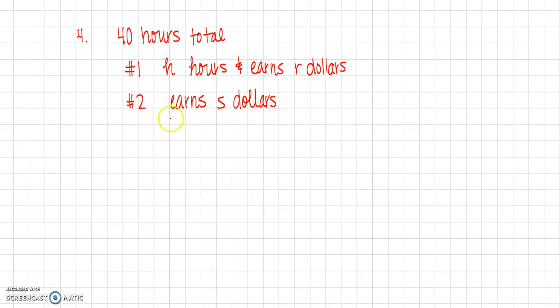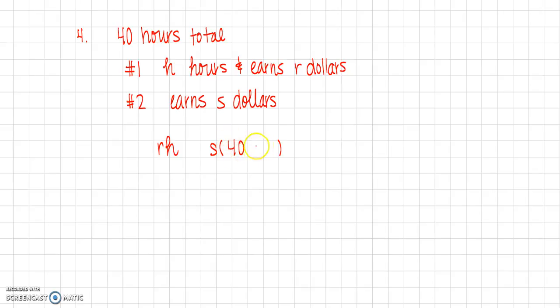So for job number 1, it is R times H. Job number 2, we don't know how many hours, but we do know how much she gets paid per hour, and that is S. We don't know specifically the amount of hours, but we do know that the total hours for the week is 40, and for her second job, it's H less than that 40.